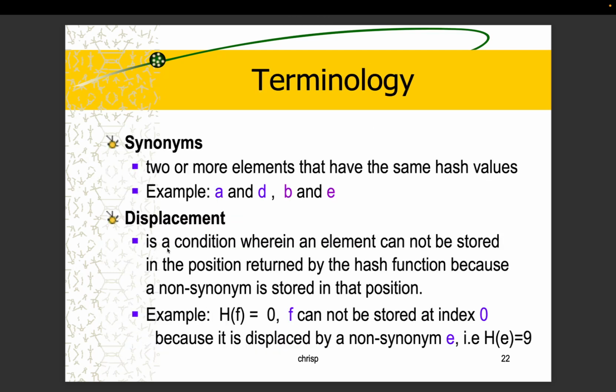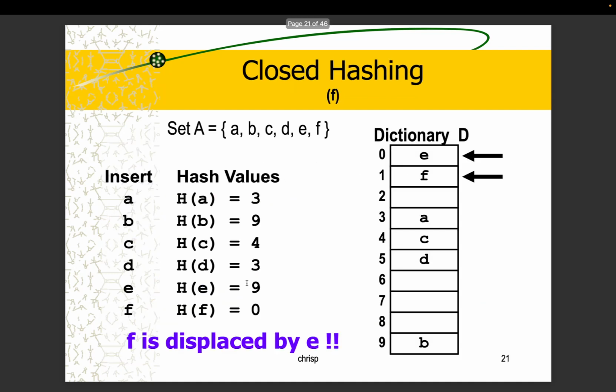Displacement happens when an element cannot be stored in the position returned by the hash because, and the keyword here is non-synonym. So, displacement only works for non-synonyms. In this case, kaning si F. F is supposed to be at index 0, but there is an E there. And E is supposed to be at index 9.